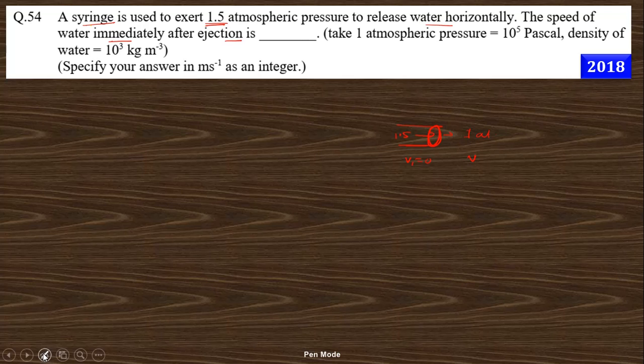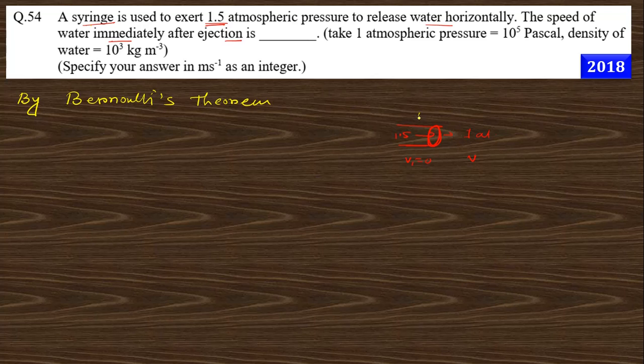So by Bernoulli's theorem, you can say that these three types of energy, pressure energy, kinetic energy and potential energy, the total sum of these three will be constant.